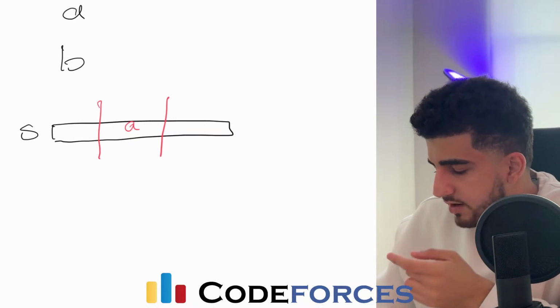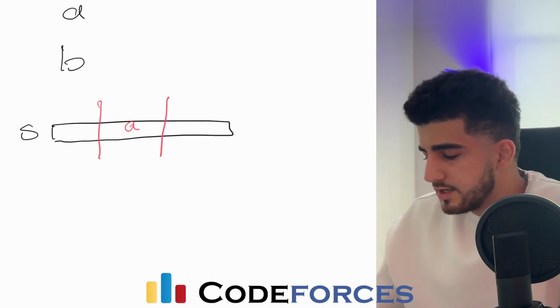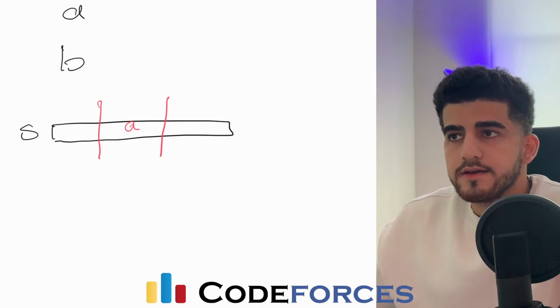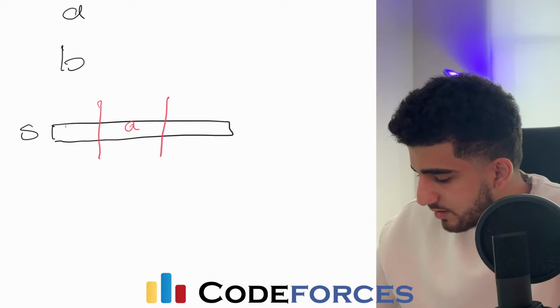Okay, A should be somewhere in S, right? Now B has several characters, for example one of them is here, one is here, one is here, and one is here.